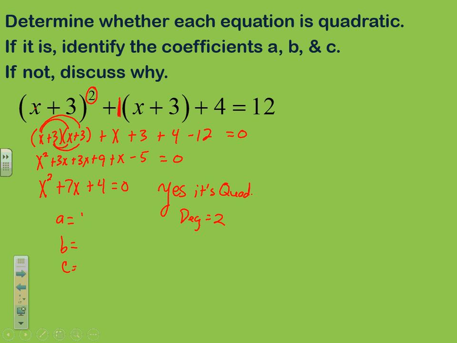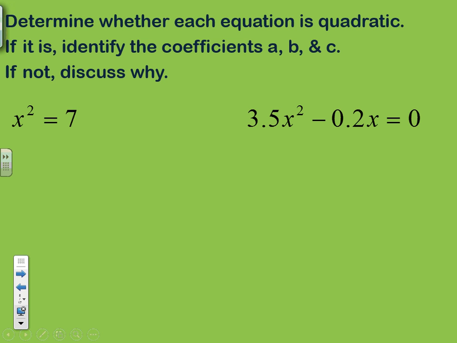So a is 1, because that's the number that's in front of the x squared. B is a positive 7, and the constant term, c, would be a positive 4. And that's pretty much it as far as identifying whether something is quadratic and what the a, b, and c terms are.